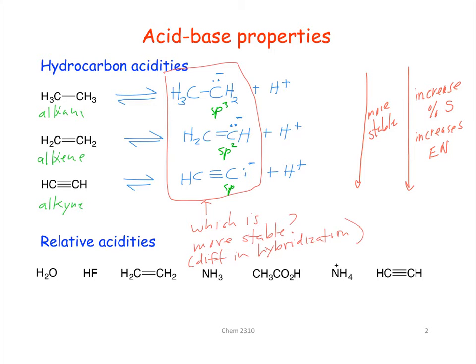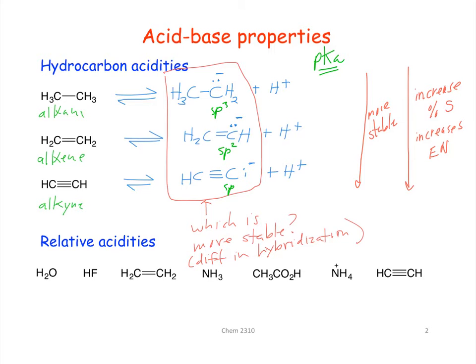The more stable conjugate base means that we have a stronger acid. So let's compare the pKa's then and see if we're right. Remember when we looked at the pKa of something like methane, way back when we were talking about acid-base chemistry, we said it's super high.